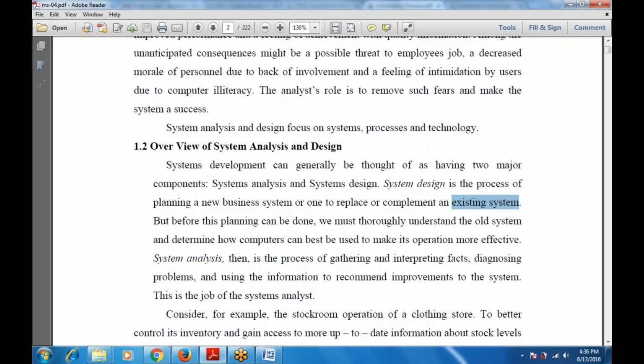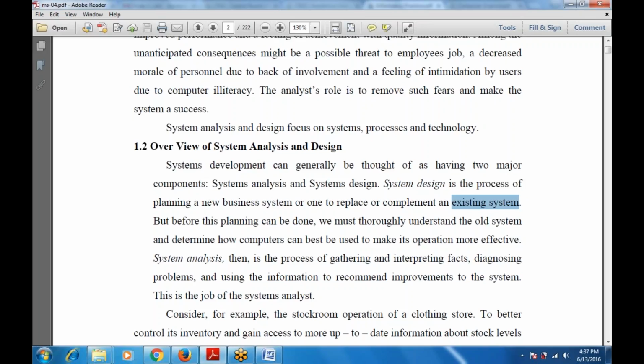But before this planning can be done, we must understand the old system and determine how the computer can be best used to make its operations more effective. That means how the old manual system, which is not using any computer, will be replaced by the new system that is using the computer, that is using IT.